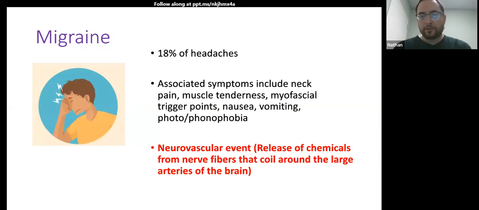A simple way to describe it is that it's a neurovascular event where there's something to do with the blood flow in the brain, where the main arteries supplying blood to the brain have nerve fibers around them, and those sometimes get inflamed and cause pain. And that's usually the differentiation between a migraine and a chronic tension type headache.